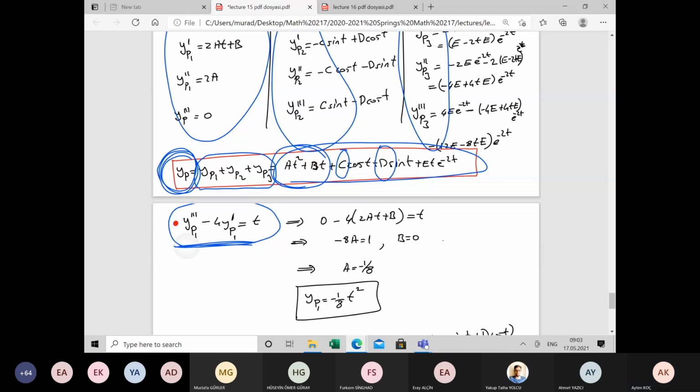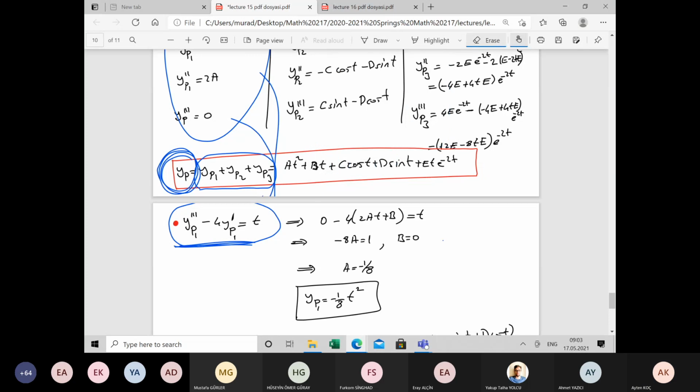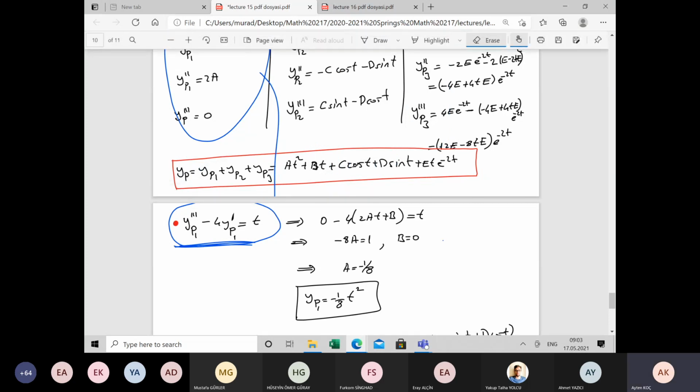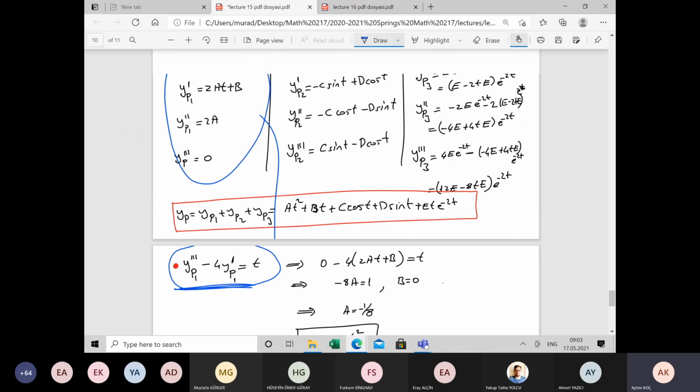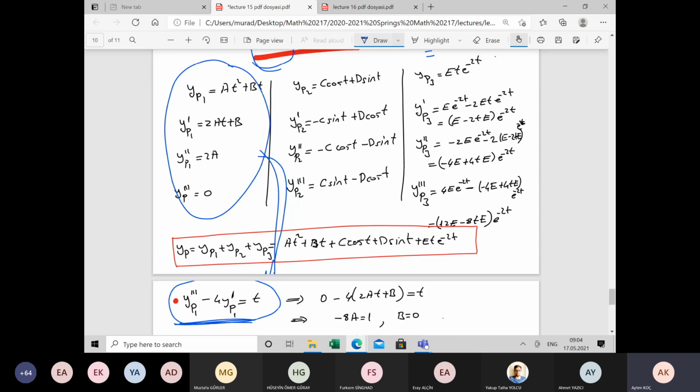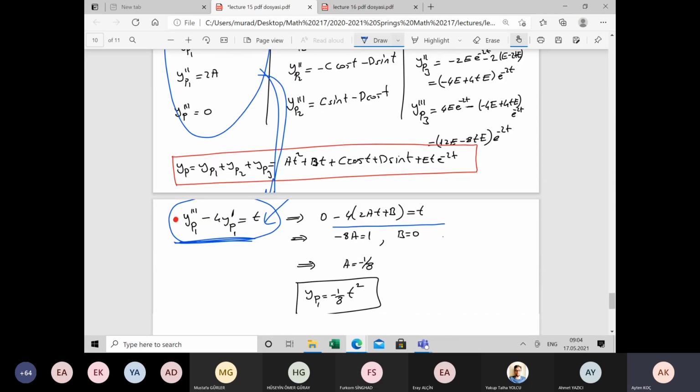Take this one and substitute into our differential equation. We obtain this, so compare both sides. The coefficient of t should be 1, and the constant term b should be 0.